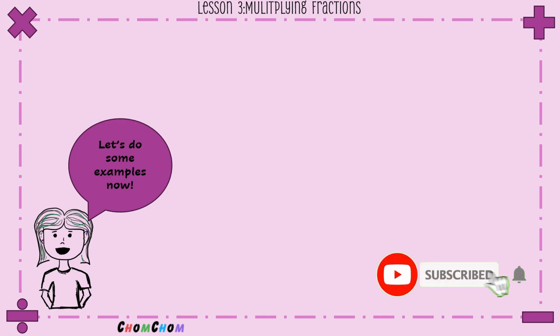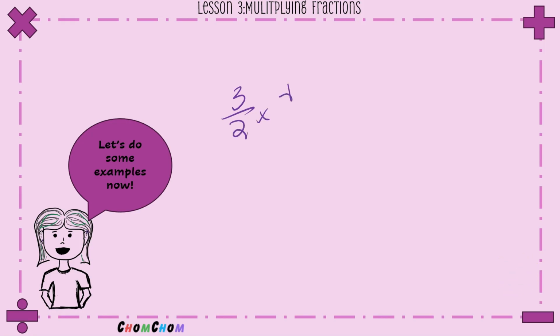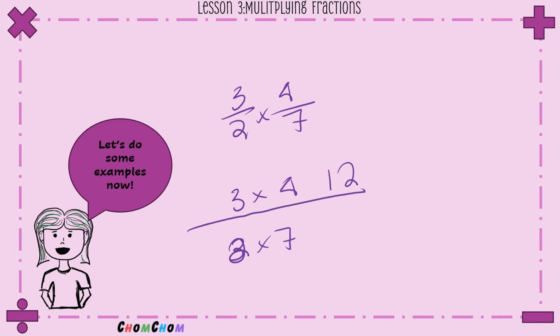Now let's do some more examples. Okay, so say I had 3 over 2 times 4 over 7. So we multiply top by top. That's supposed to be a 2, times 7. So what we have is 12 over 14.